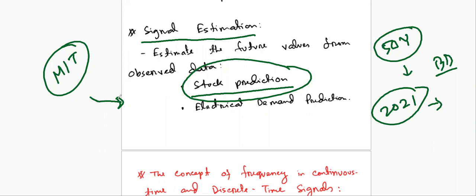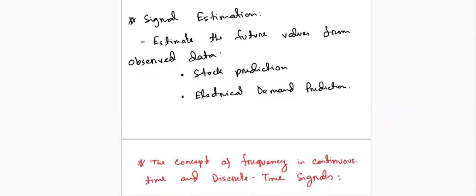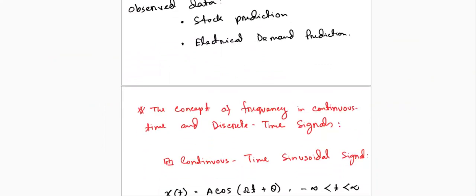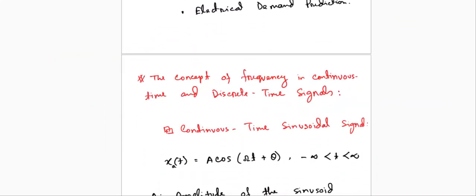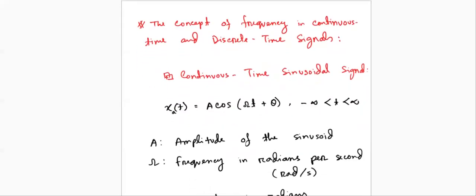Because it can be sold for a lot of money. Because the businessmen are always happy to give a lot of money to buy this kind of prediction algorithm from those people. Okay, that is in a nutshell the domain of digital signal processing. So we can have control over those domains if we have a good understanding of digital signal processing.